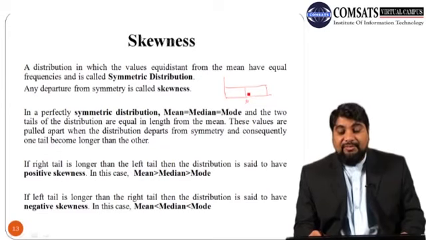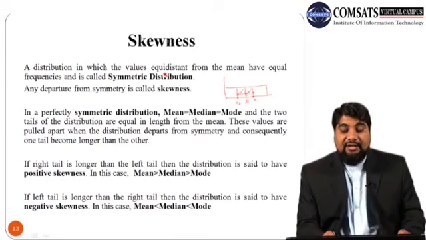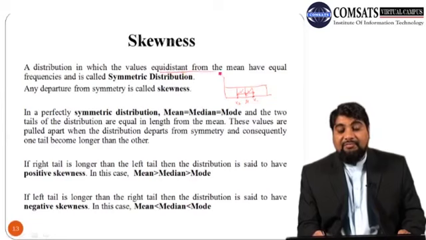So for observations which are equidistant from the mean, let us consider this observation, let's say x1, and here we have x2. If we measure the gap of this first observation x1 from the mean and the gap of this second observation from the mean, and this gap is the same as that, then they are equidistant from the mean.